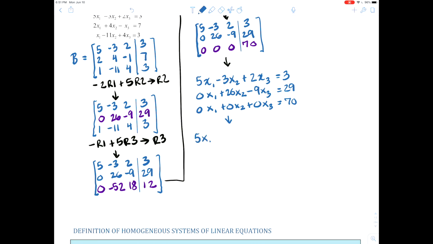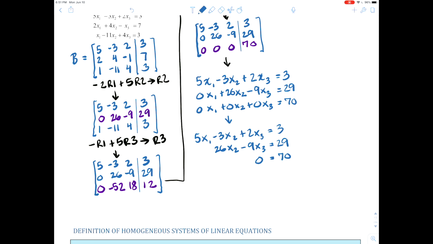Well, the first one will be the same, as will the second. Well, second we'll simplify to get 26x2 minus 9x3 equals 29. And then the third one is basically going to be 0 on the left side and 70 on the right side. So what do you think about that?